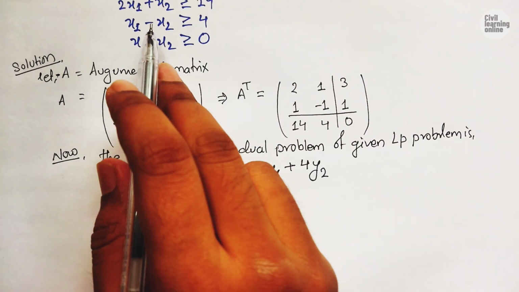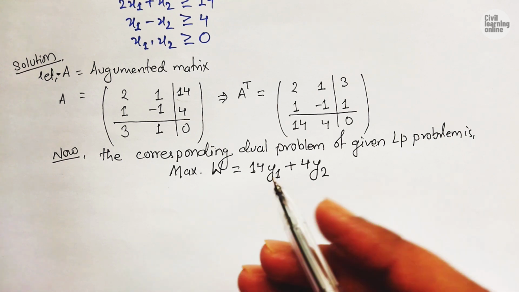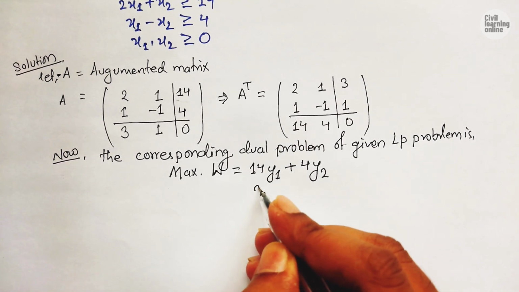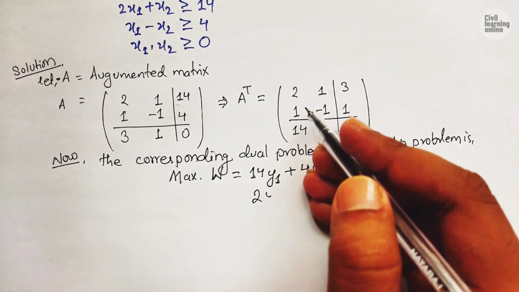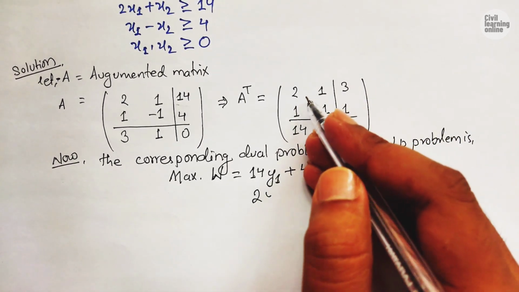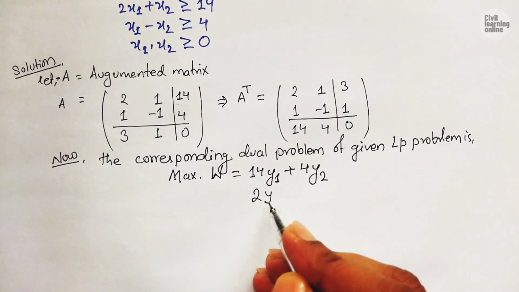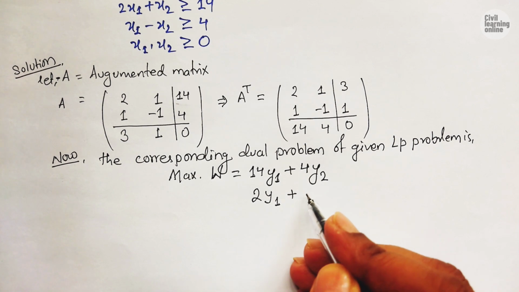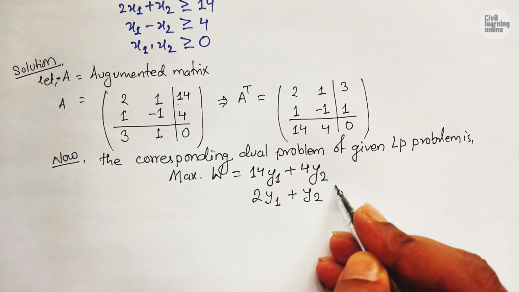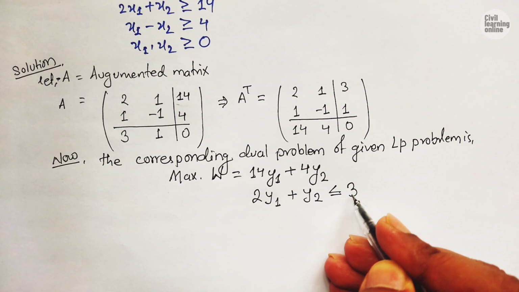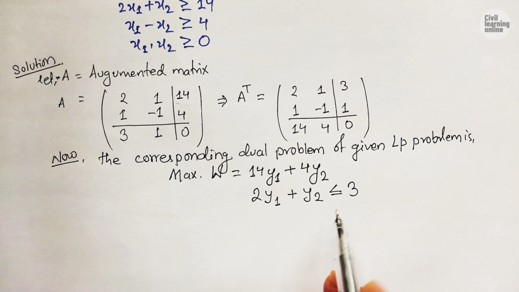Similarly we have to convert these inequalities also according to the y1 and y2 form. Again we will replace x1 with y1, but this time we will write it according to the transposed matrix. So 2y1 plus y2 is less than or equal to 3. Here it was greater than, but this time we take less than or equal to 3.